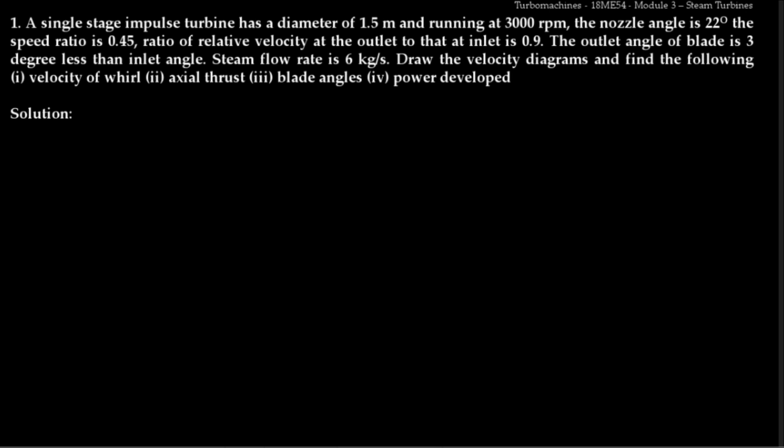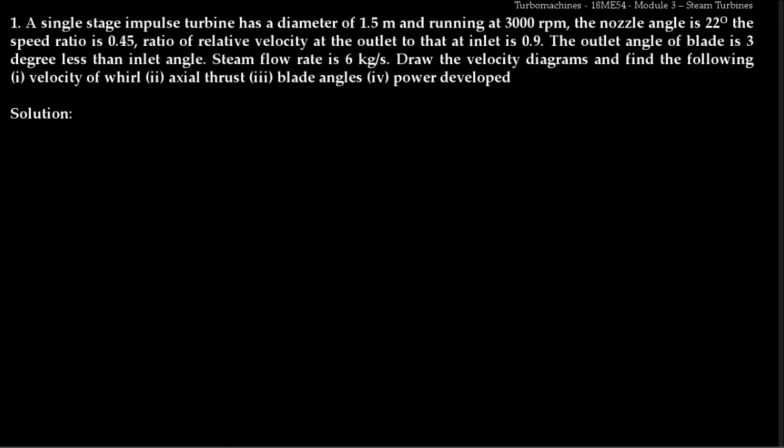That is, beta 2 will be equal to beta 1 minus 3. The steam flow rate is 6 kg per second. Now we need to draw a velocity diagram and then we need to find out the velocity of whirl, which is nothing but the velocity of the fluid in the tangential direction, then axial thrust, that is the force in the axial direction, blade angles beta 1 and beta 2, and the power developed.